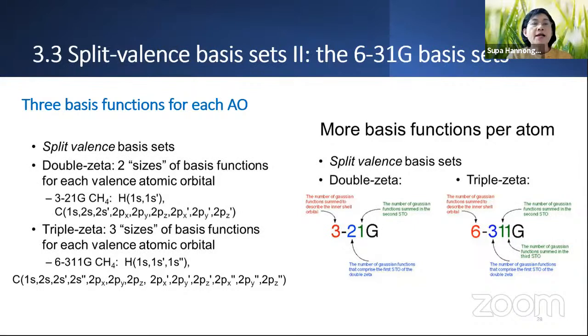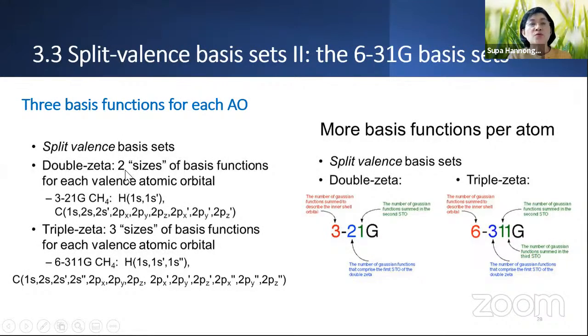Not only the double zeta, sometimes you can have 3 basis functions for each atomic orbital. Now you know about the split valence basis set and the double zeta.